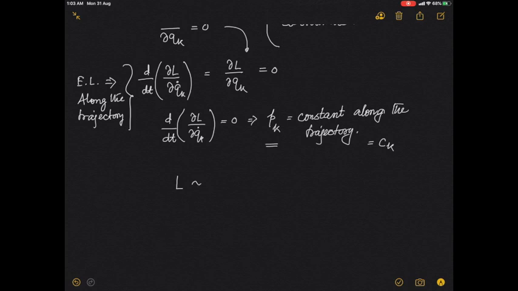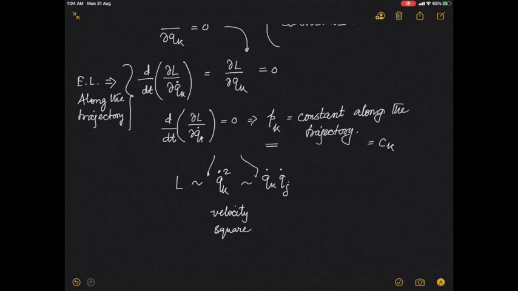Well, remember that L has a kinetic term which depends on qk dot squared, or you can have terms like qk dot, qj dot, but it depends on velocity squared. Obviously, if you are writing in an arbitrary coordinate system, there will be the metric sitting at these places, but I'm just trying to make the point that it still has velocity squared, the kinetic terms.